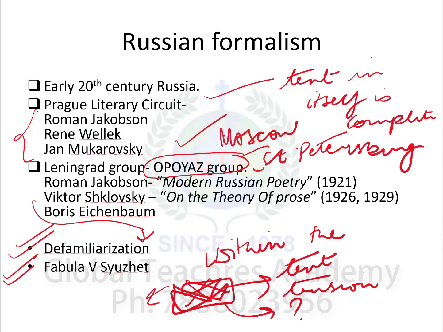So Victor Shklovsky talks of the idea of defamiliarization, which is essentially when you just look at a text and there is nothing more beyond that you know about the text, and you look at the form of the text, right? When you look at the form of this text, you understand that if it follows a particular set pattern, there is the idea of association, right?